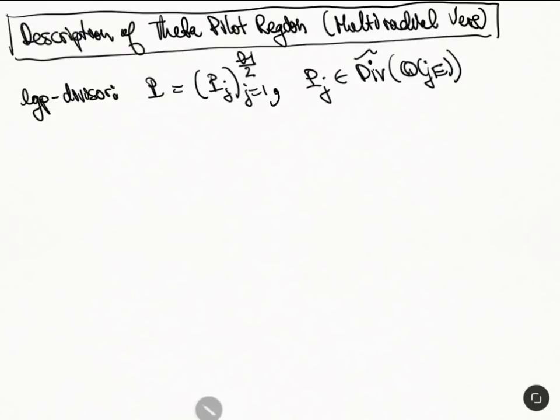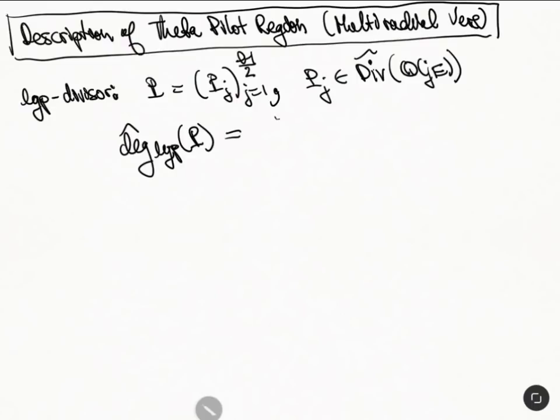We could define it with any field, but we'll start here. Then you define this degree hat LGP of such a p, and this will be equal to the average of all the degrees of the other ones.